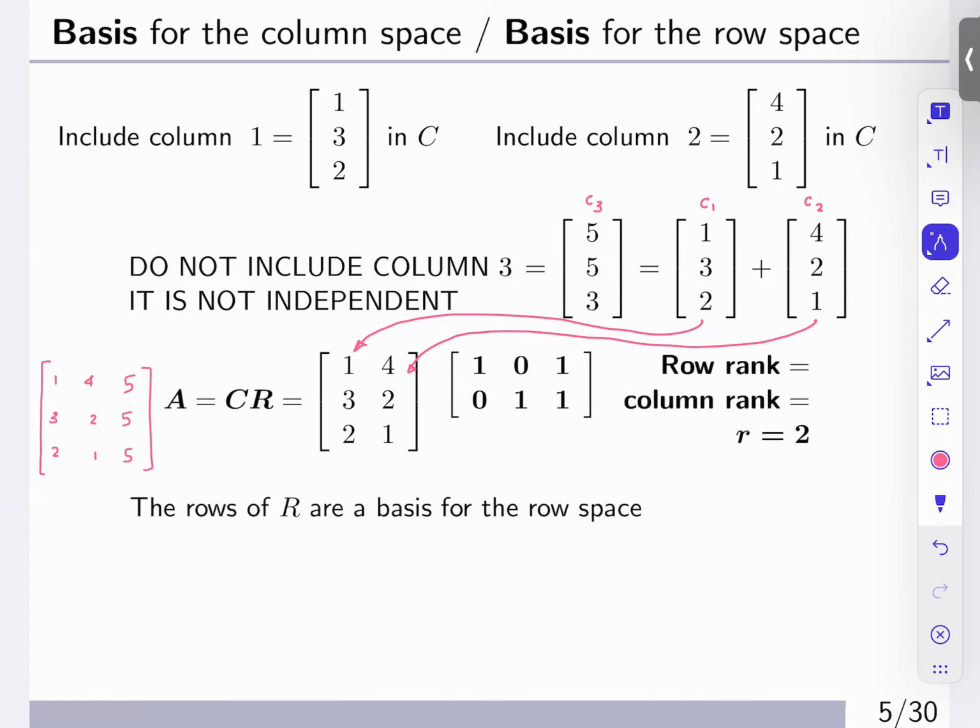Note first row, first column gives you 1, first row, second column gives you 4, first row, third column gives you 5, second row, first column gives you 3, second row, second column gives you 2, second row, third column gives you 5, third row, first column gives you 2, third row, second column gives you 1, third row, third column gives you 3.